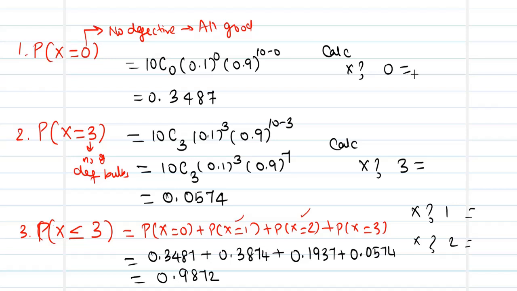So if you are not comfortable keying in a formula, please go for the individual calculation. You can find a nCr button on top of the division symbol of your calculator. Use the shift button and estimate the value for 10C0.